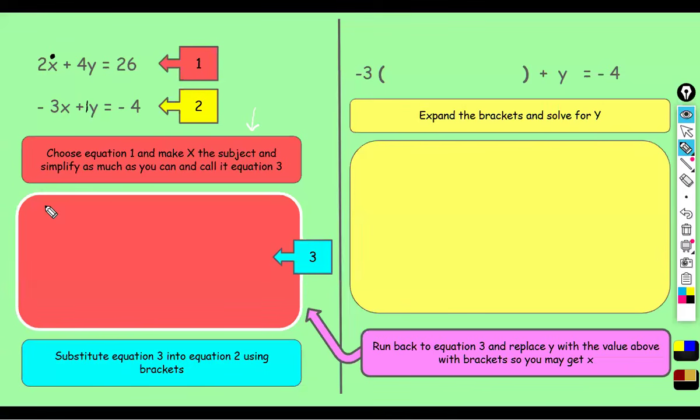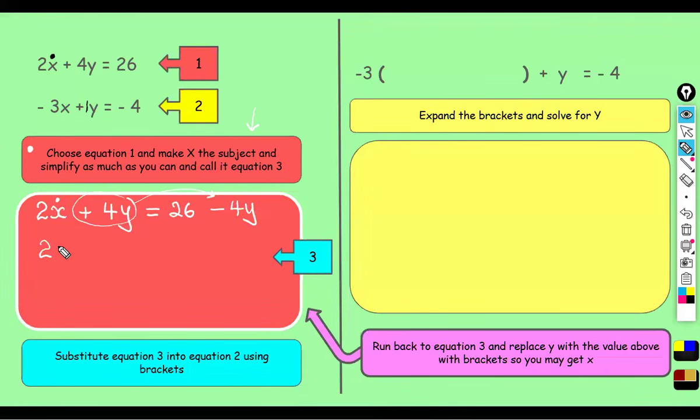So we're going to write back equation 1, not changing anything. 2x plus 4y is equal to 26. I haven't changed anything about equation 1. And according to my instructions, I'm going to make x the subject. So I'm going to throw across who first? Positive 4y. And we're going to get minus 4y.